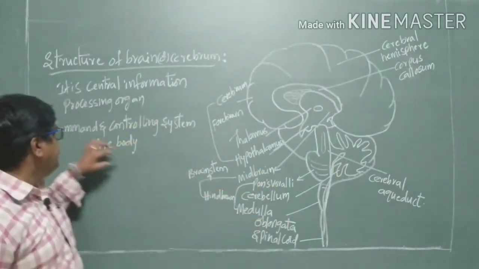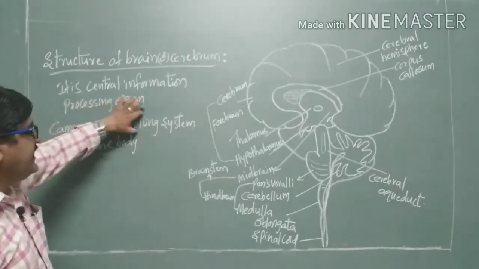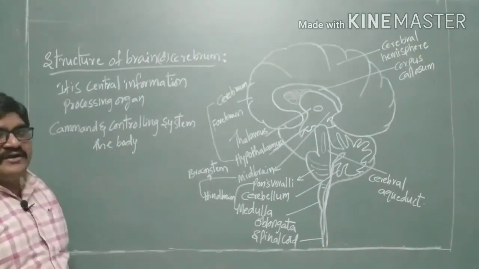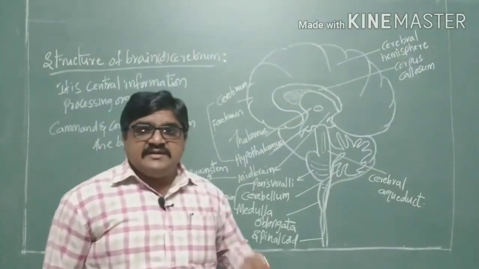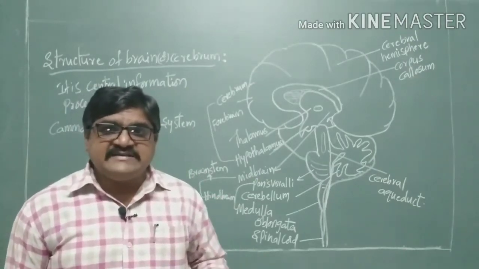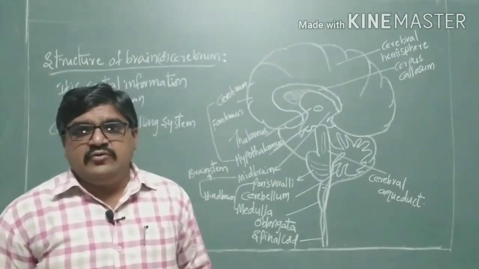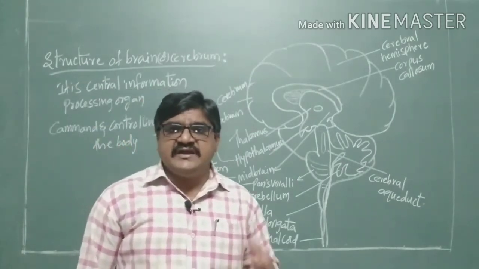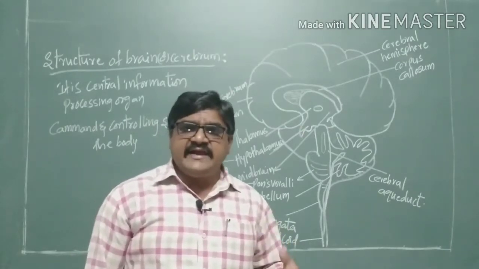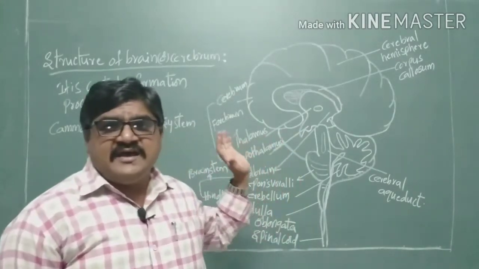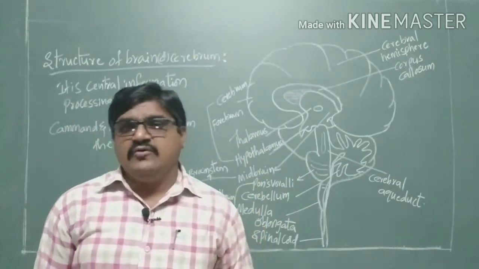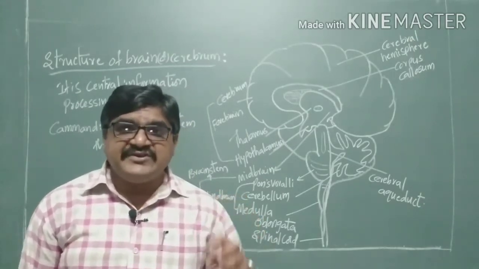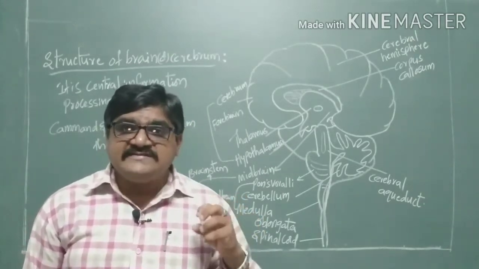The brain is the command and controlling system of the body, passing information for both voluntary and involuntary actions, mainly with the help of the brain or cerebrum. It is a very important organ present in the central nervous system.